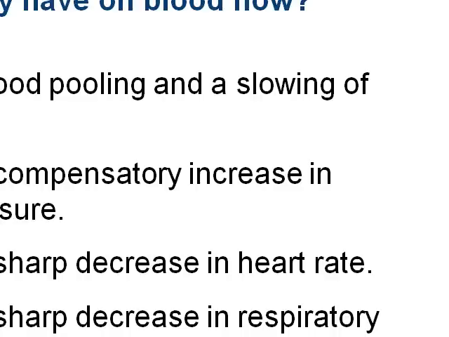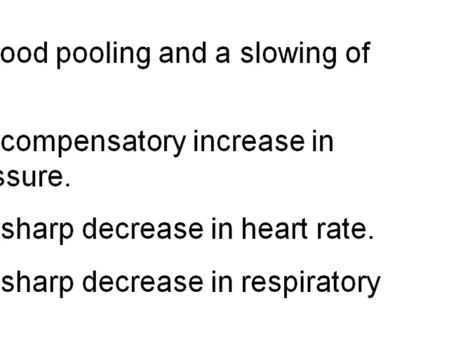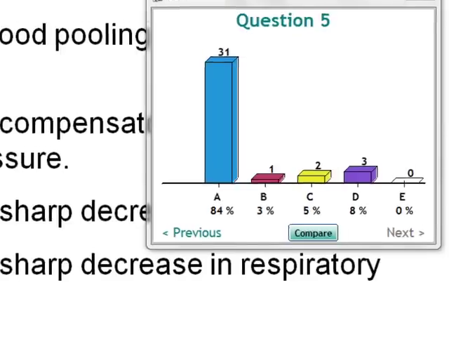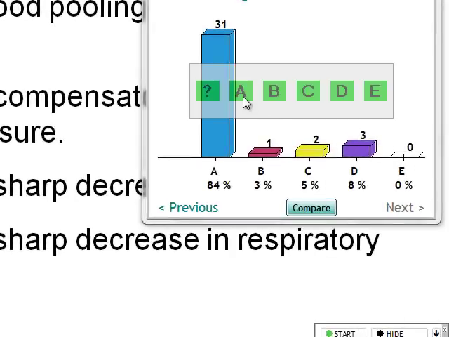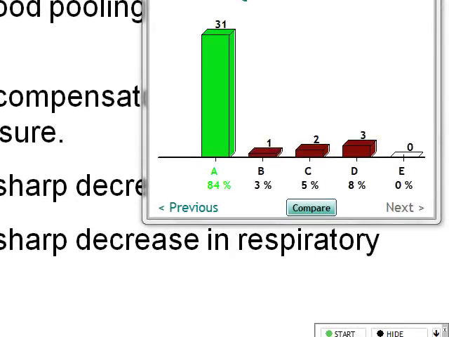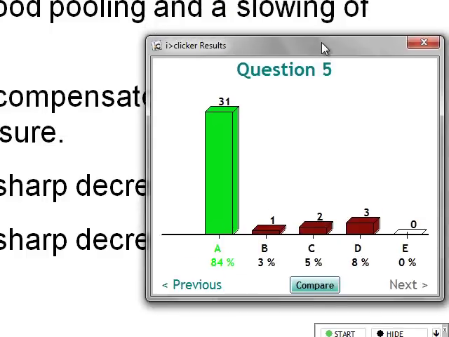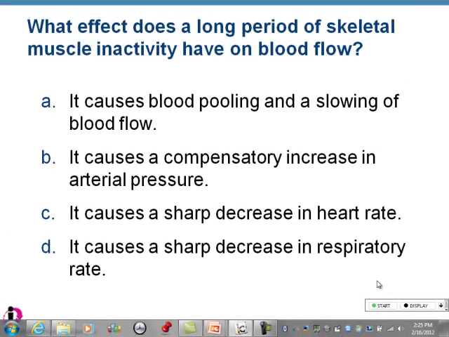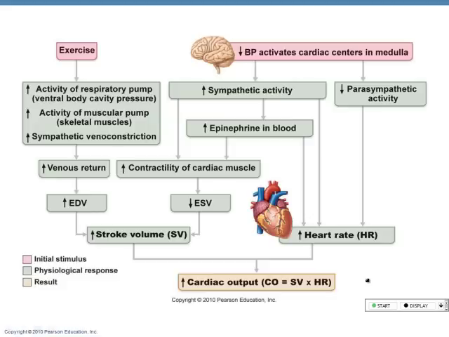Five, 4, 3, 2, 1. What's the answer? The answer is A. So blood would sort of pool up, slow in places, not having help from the muscular pump. So the muscular pump is important for the venous system to get blood moving back to the heart because of the low pressure in the system.